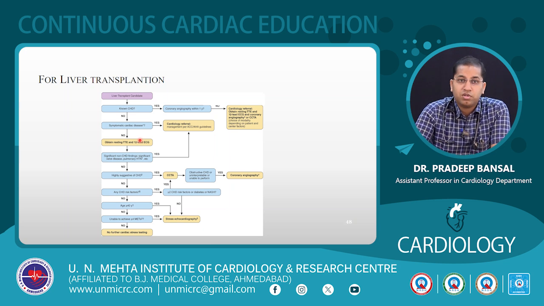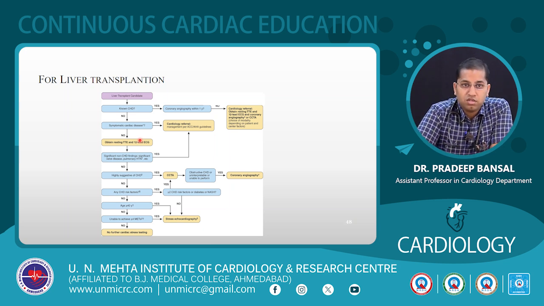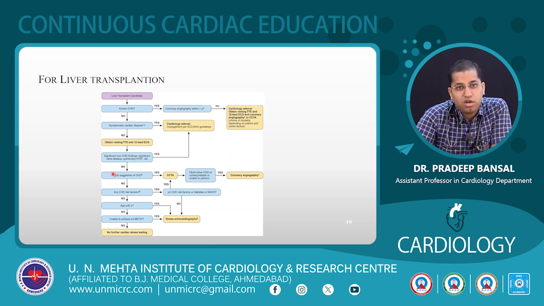If there is no symptom of CAD, then consider ECG and echo. If there is a significant finding of any valvular heart disease or pulmonary hypertension, then consider cardiology referral and further management. And any feature highly suggestive of CAD, then we consider CT coronary angiography or coronary angiography.